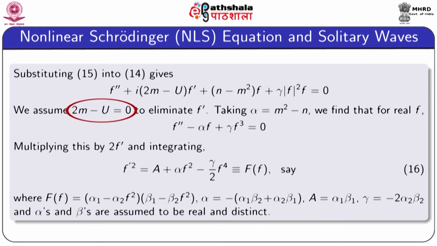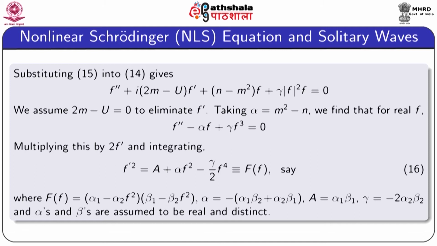So, we assume 2m minus U equals 0 and we take alpha as m square minus n, and we are interested in finding the real f. For a real solution, mod f is simply f. So, the above equation reduces to the form f double dash minus alpha f plus gamma f cube equals 0.